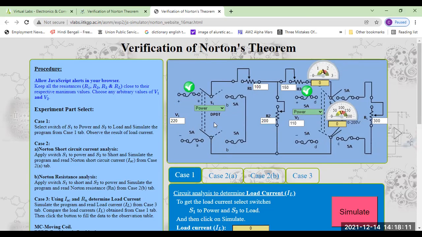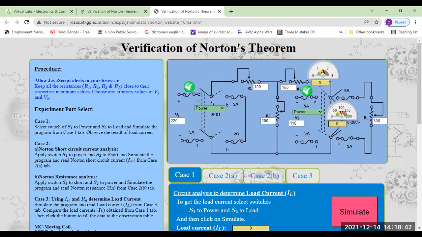Here only the load, the normal resistance R1, is there. Again a resistance is there. An ammeter is given so that you can measure the current passing through it. Another thing given is a voltmeter, so you can also check the voltage.